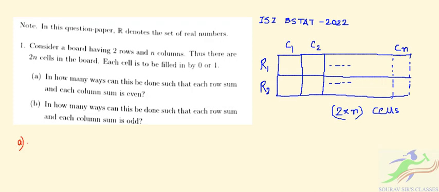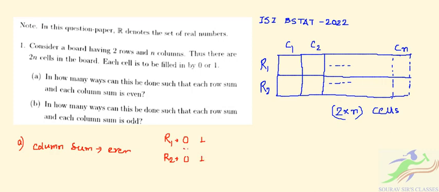For the column sum to be even, we have to fill R1 and R2. If the column C1 has 0 in R1, then for the sum to be even it should also be 0 in R2, and if it is 1, then it should also be 1.